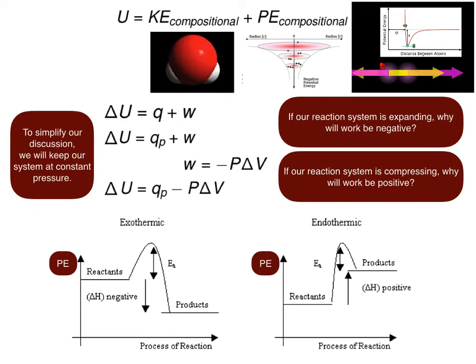Now, a bit later in the course, we will derive this work equation specifically for gases under constant pressure. The W equals negative P times change in V. We will only deal with work of a constant pressure change in volume nature. That is, the compression of gases or expansion of gases under constant pressure.